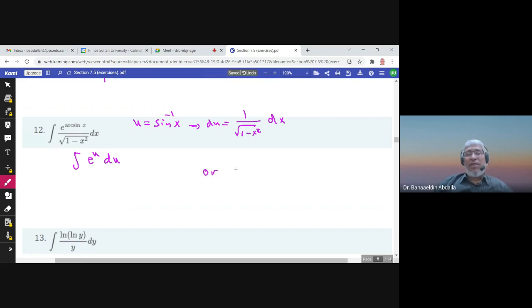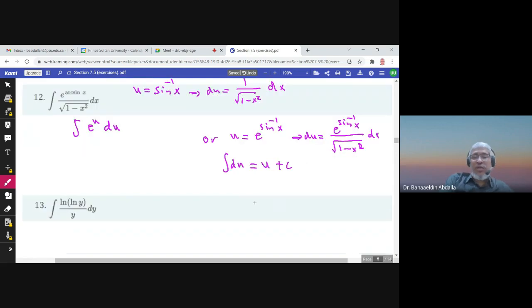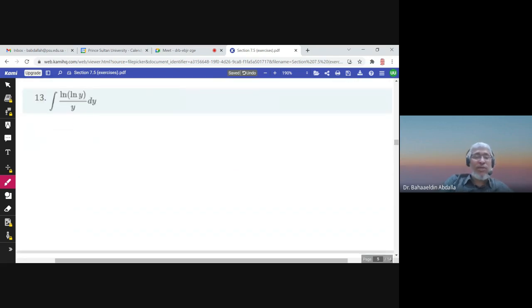In fact, I can take here u equals e to the power sine inverse x also, and then du would be e to the power sine inverse x times 1 over square root of 1 minus x squared dx. So this integral would be just the integral of du. So the answer would be u plus c, or e to the power sine inverse x plus c. The same answer in both cases.